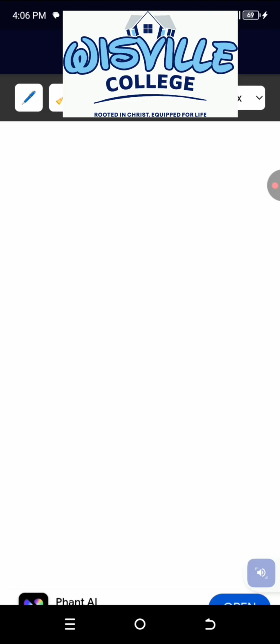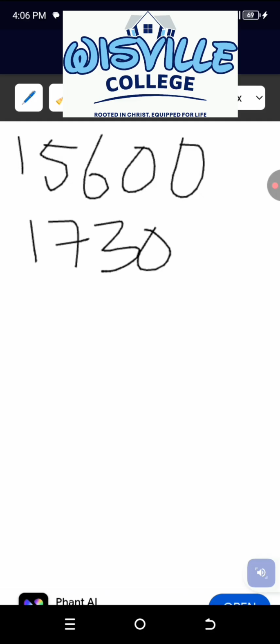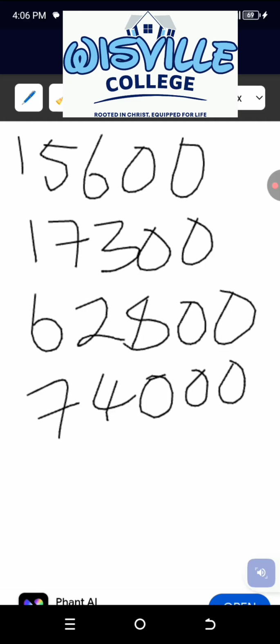The populations of 5 towns are 15,600 and 17,300 and 62,800 and 74,000. The last one is 34,400.